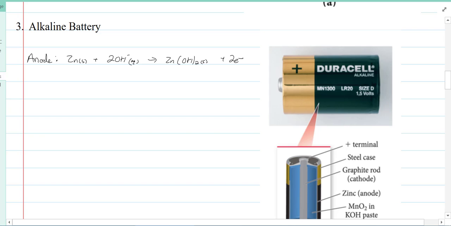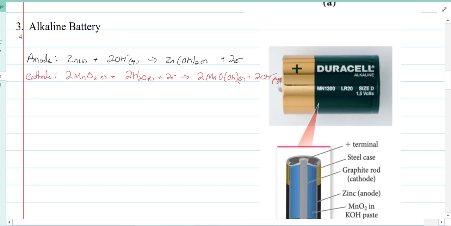The cathode is 2 manganese 4 oxides plus 2 waters plus 2 electrons going to 2 MnOOH solid plus 2 hydroxides.